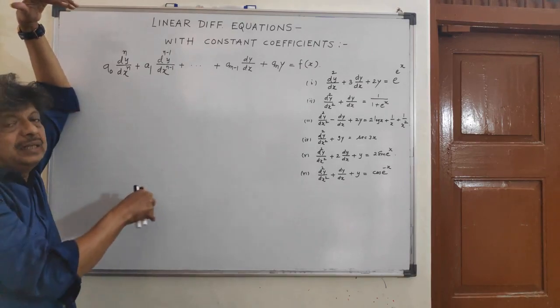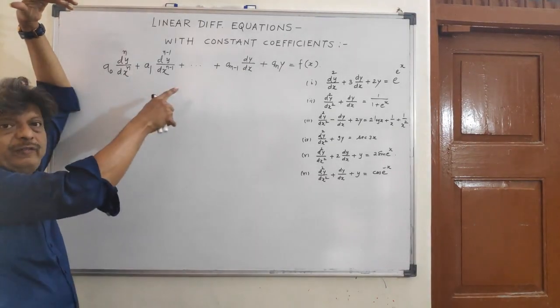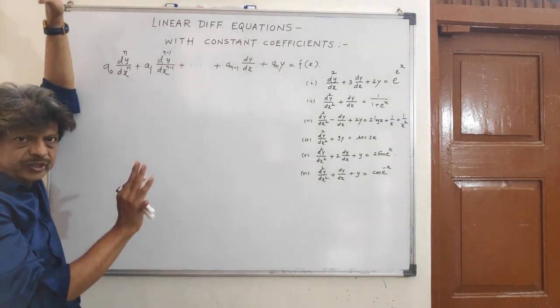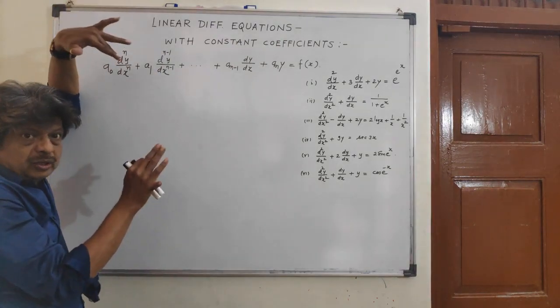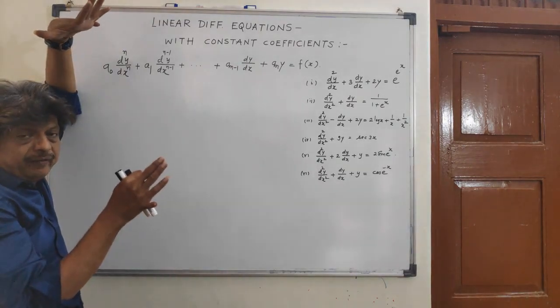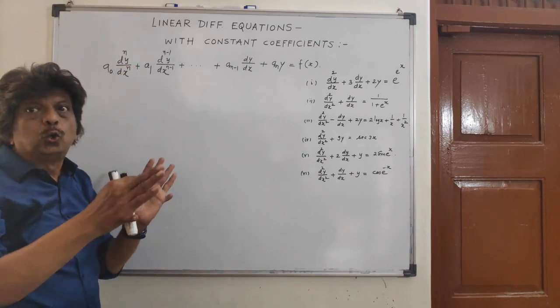These are called linear differential equations with constant coefficients a0, a1, up to a(n-1) and an respectively. The general solution of such linear differential equations is divided into two parts.